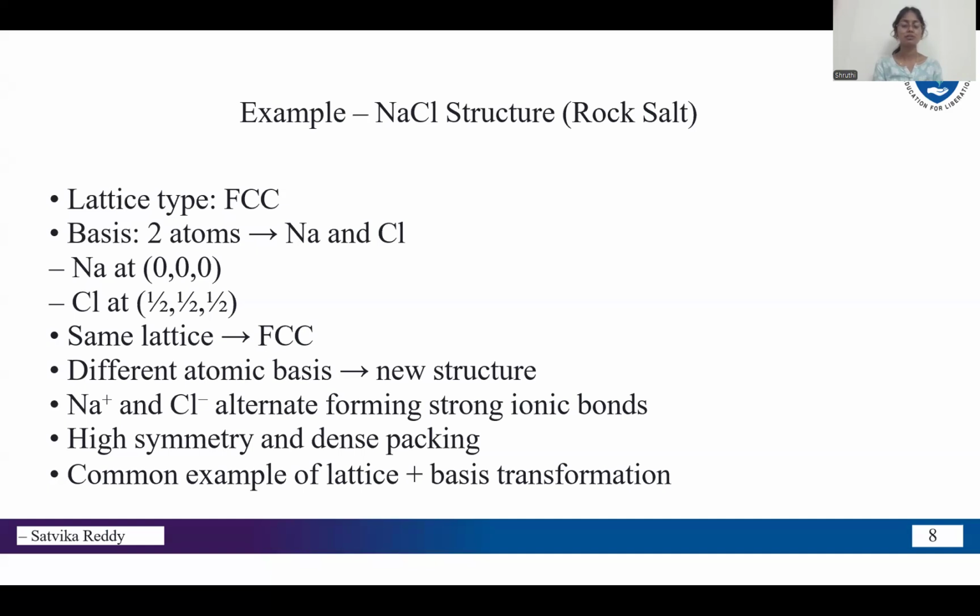This reproduces the rock salt structure. Different atomic bases give a new structure. Na+ and Cl- alternate, forming strong ionic bonds, with high symmetry and dense packing. A common example of the lattice plus basis transformation.